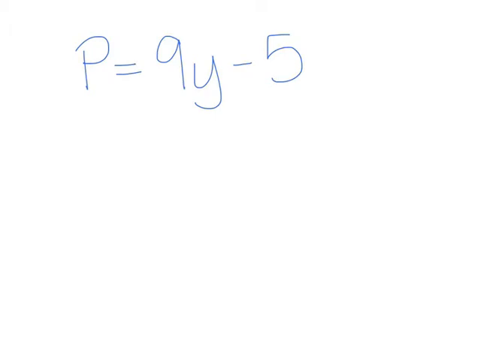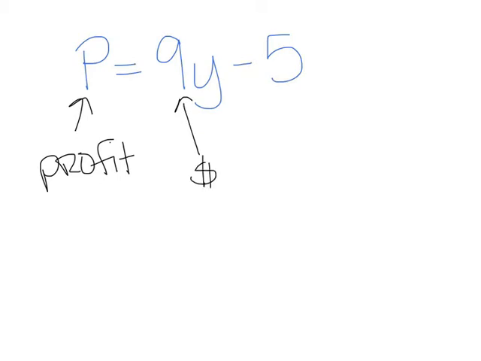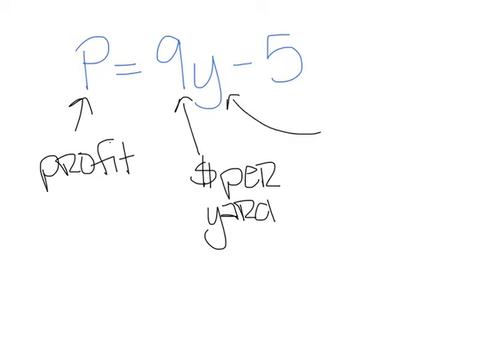So let's break this down. The P then represents the profit, or how much money you are going to make. The 9 represents how much you're charging per yard. The Y represents the number of yards that you were able to mow.